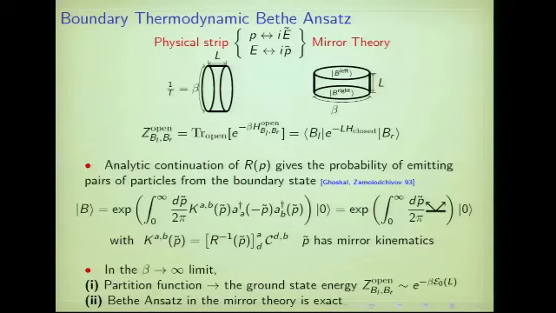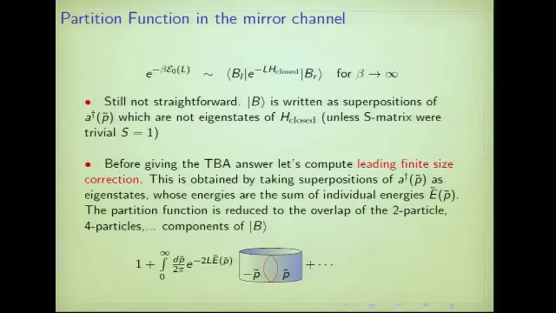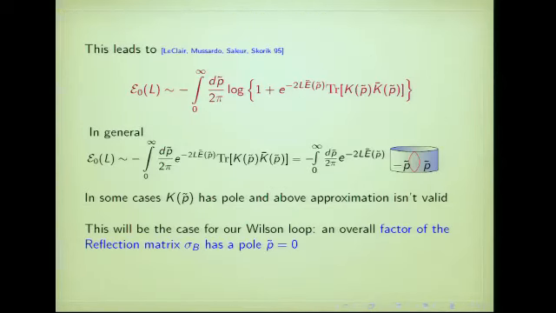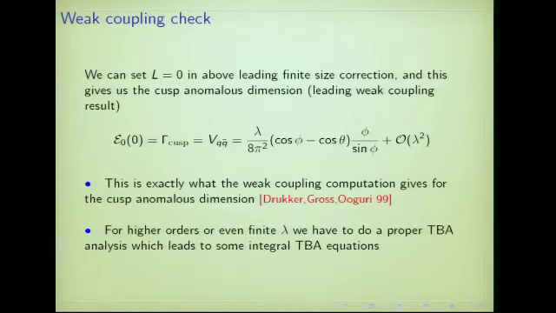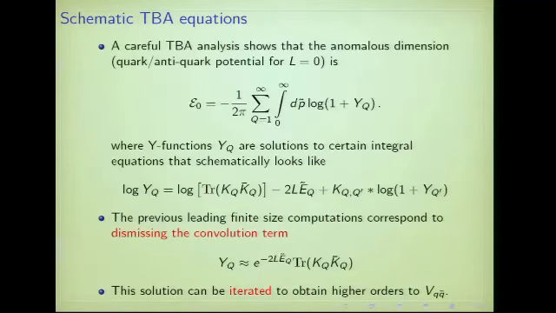This projection is going to be dominated by the eigenstate of this Hamiltonian when you have many particles. So you go to densities of particles, and then you solve this using some saddle point approximation. And at the end of the day, you get something like this.